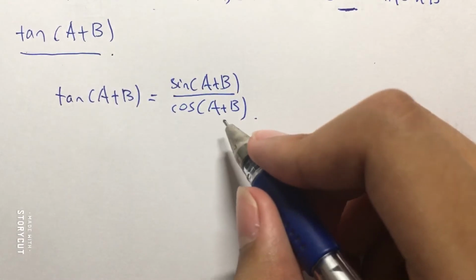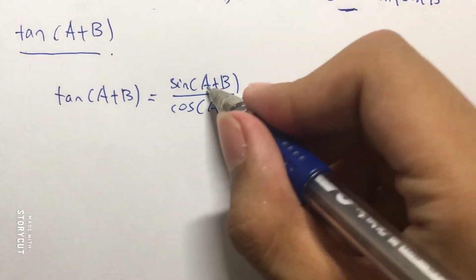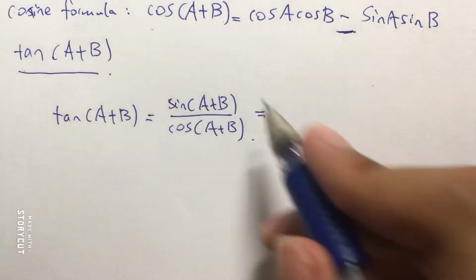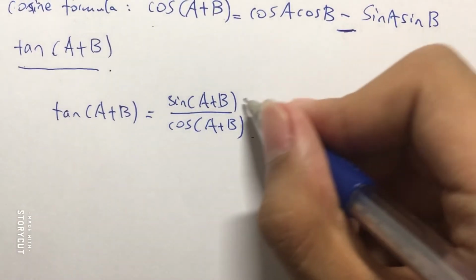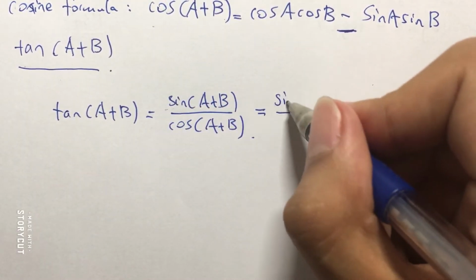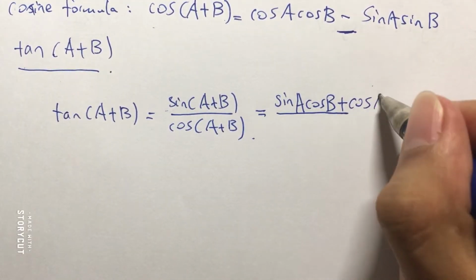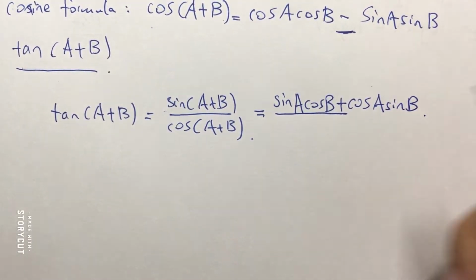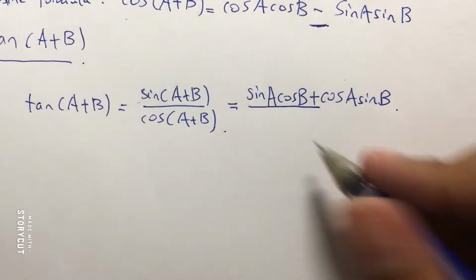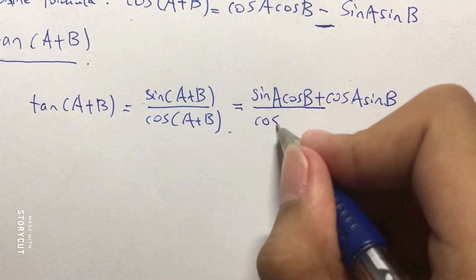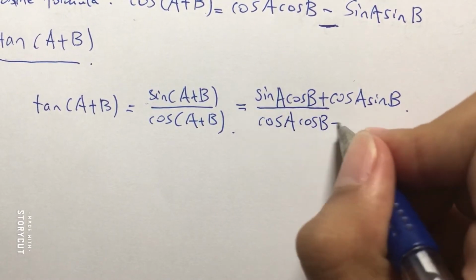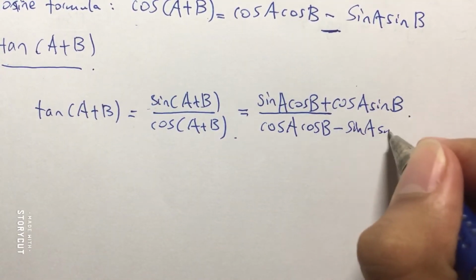So we have got the two formulas now. We can expand this, which means sine (A plus B) is equal to sine A cosine B plus cosine A sine B, and cosine (A plus B) is equal to cosine A cosine B minus sine A sine B.